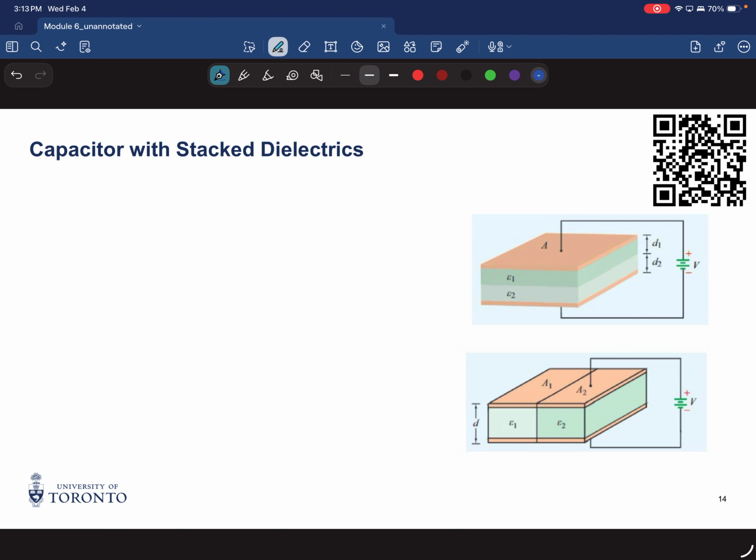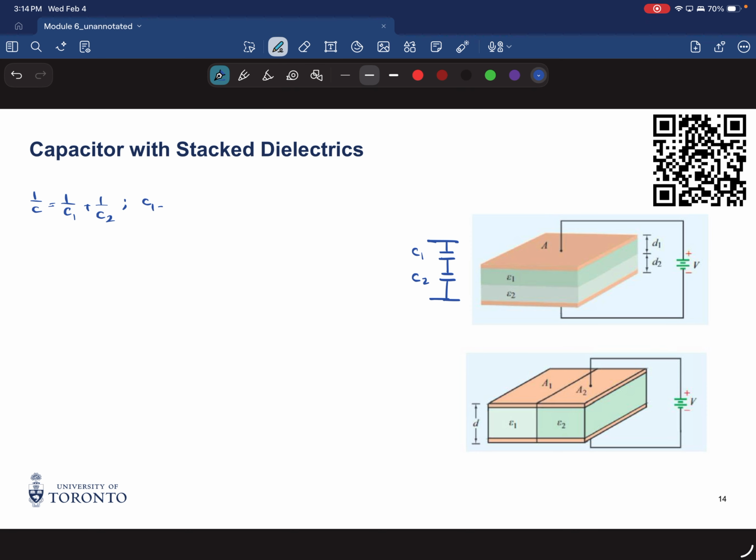Here, you can model this one as one capacitor being in series with another one. So we can call this C1, and this one C2. Our total C, because these are in series, is 1 over C1 plus 1 over C2.